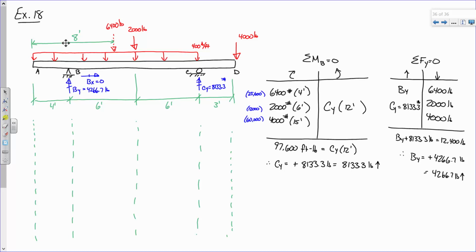And then I start off and I say, okay, here's my shear diagram. I'll say that's my 0 axis, okay? Now, we'll say that this is my shear diagram, and all the numbers are going to be pounds, okay? Don't worry, I'll give you time. So everybody watch me up here.